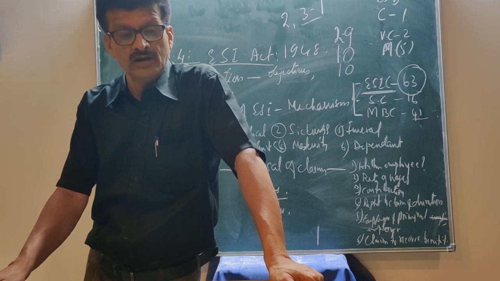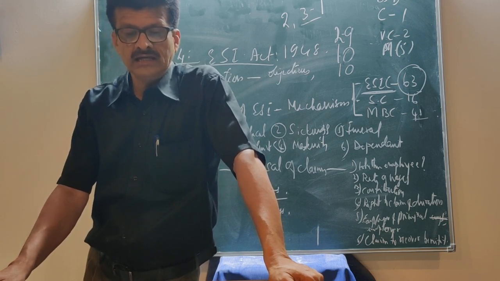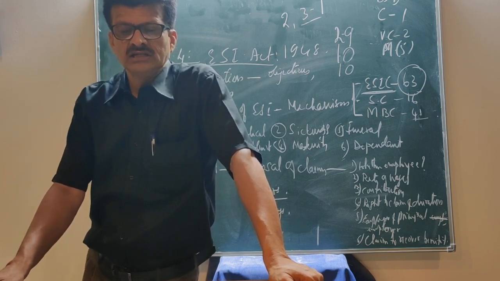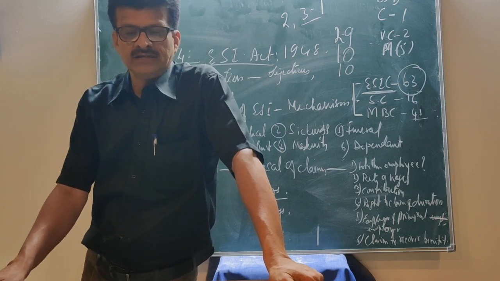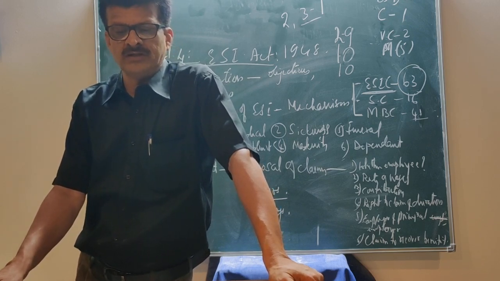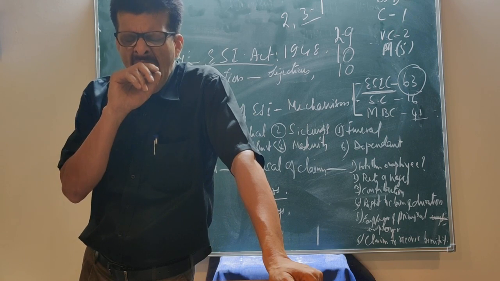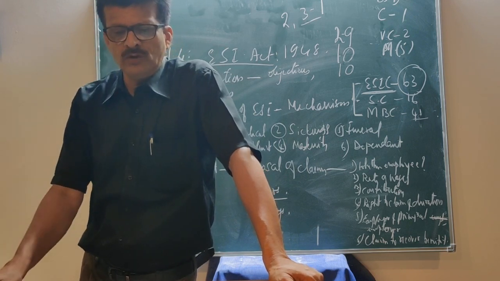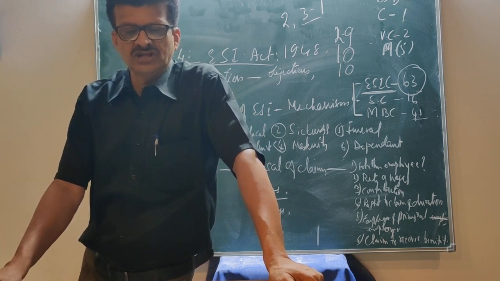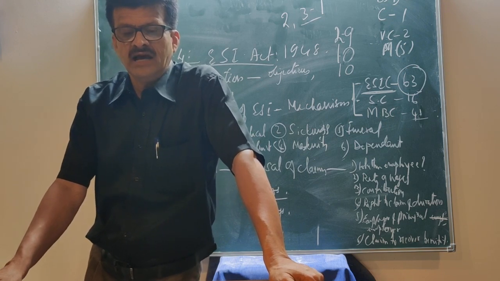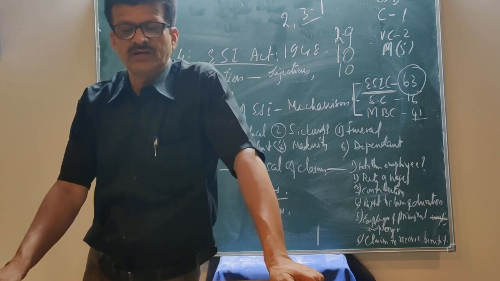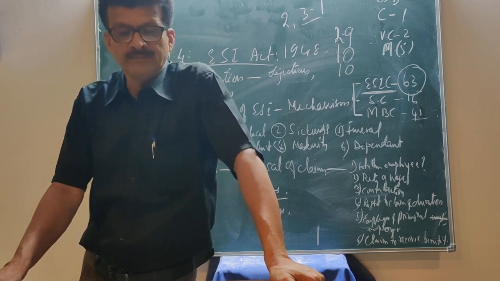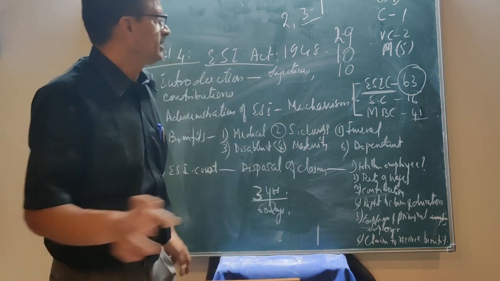From that, 2 will be allotted to the standing committee. Then 3 members of the corporation representing such 3 state governments as the central government may by notification in the gazette specify from time to time. So you got to know, total 5.